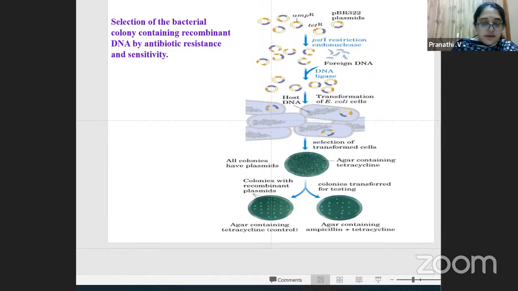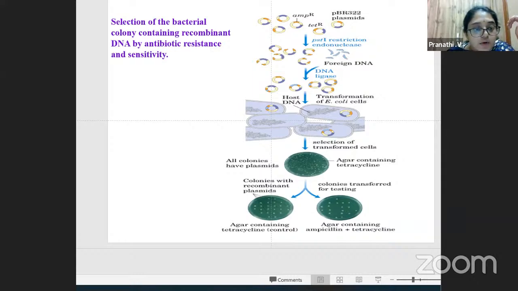When it comes to replica plating, what happens is you have autoradiography, wherein the transformed bacteria are plated on agar, and bacterial colonies with the recombinant vectors are taken. This is the master plate. Selection of antibiotic-resistant colonies or sensitive colonies are both seen. After this, the DNA of the replica blot is denatured to make single-stranded DNA, which allows it to hybridize with a single-stranded radio-labeled DNA or RNA probe.